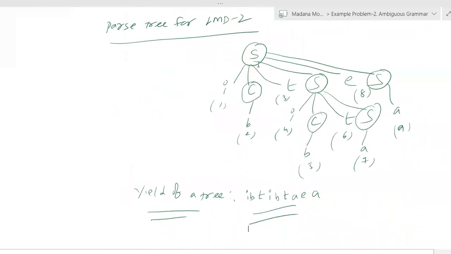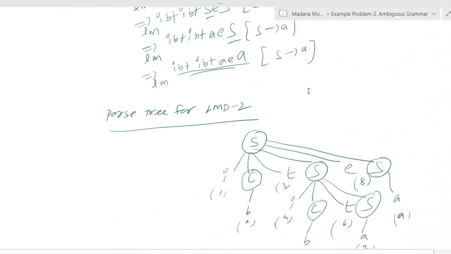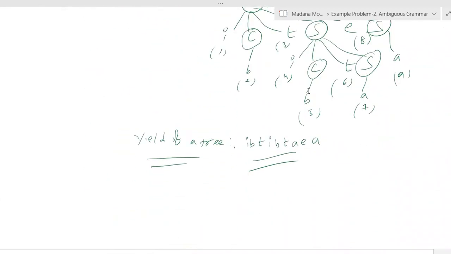Now here you can see the root S is the same, ICTS ES. In the second level itself, the productions are changed. Therefore, derivation trees also automatically differ whenever derivations are different. So this grammar also satisfies the condition of ambiguity.